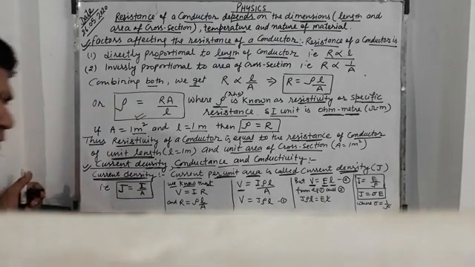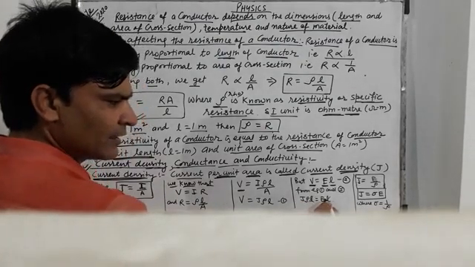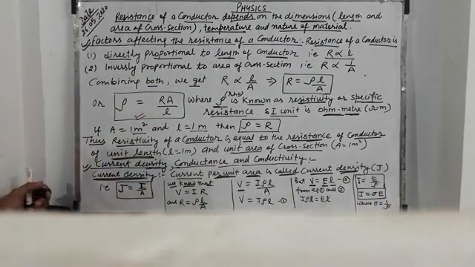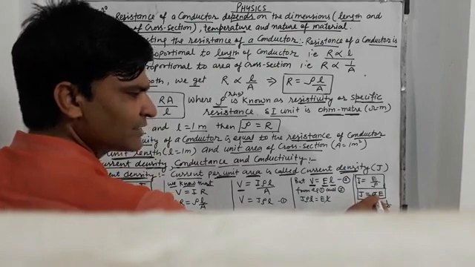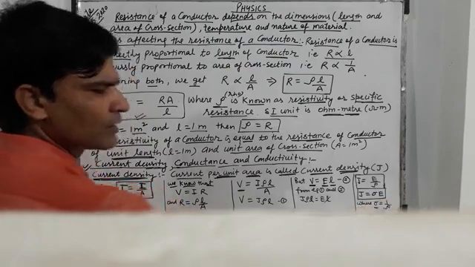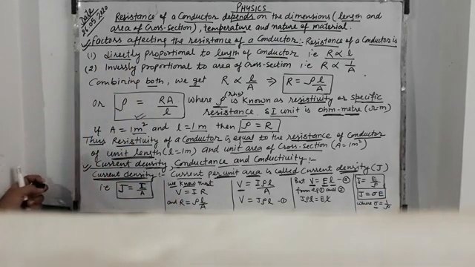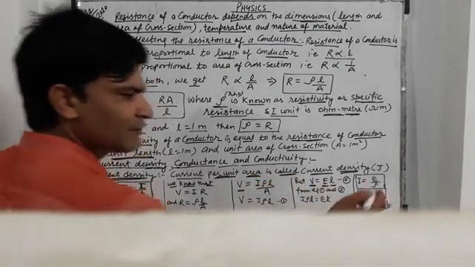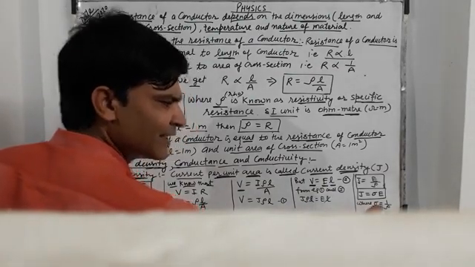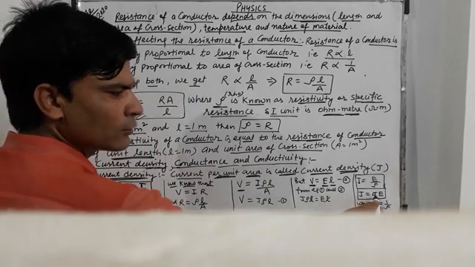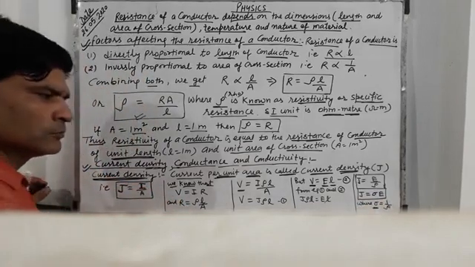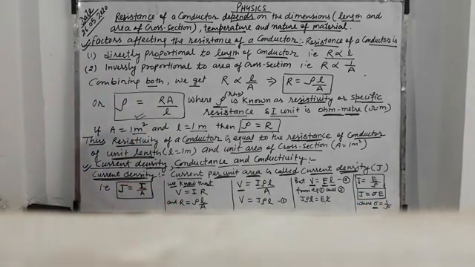L cancels out, then we get J is equal to E upon rho, or J is equal to sigma E, where sigma is equal to 1 upon rho, called conductivity. Sigma is conductivity and J is equal to sigma E is the microscopic form of Ohm's law.